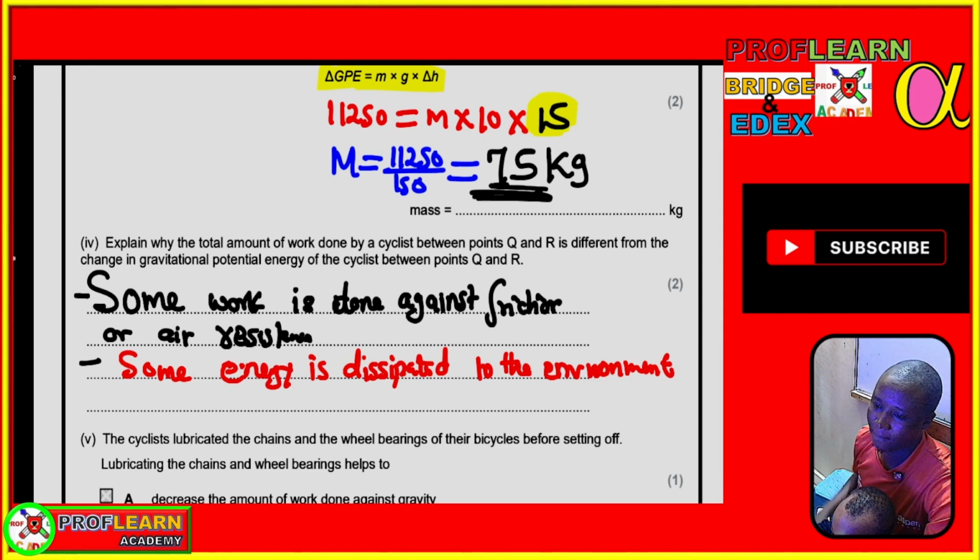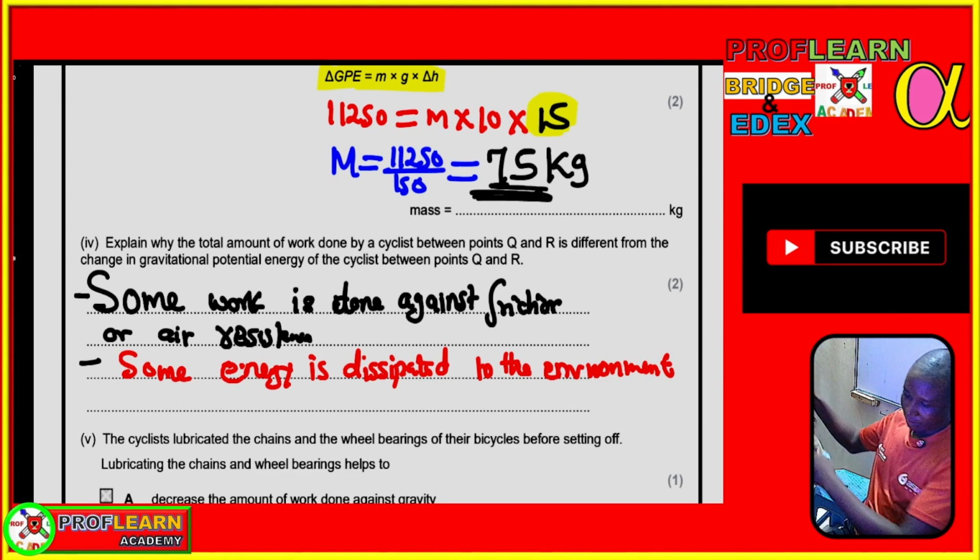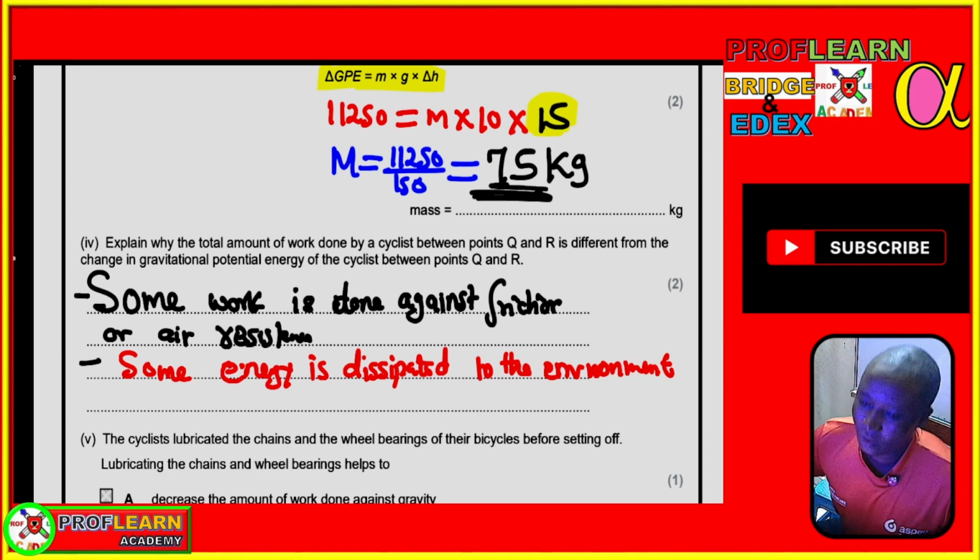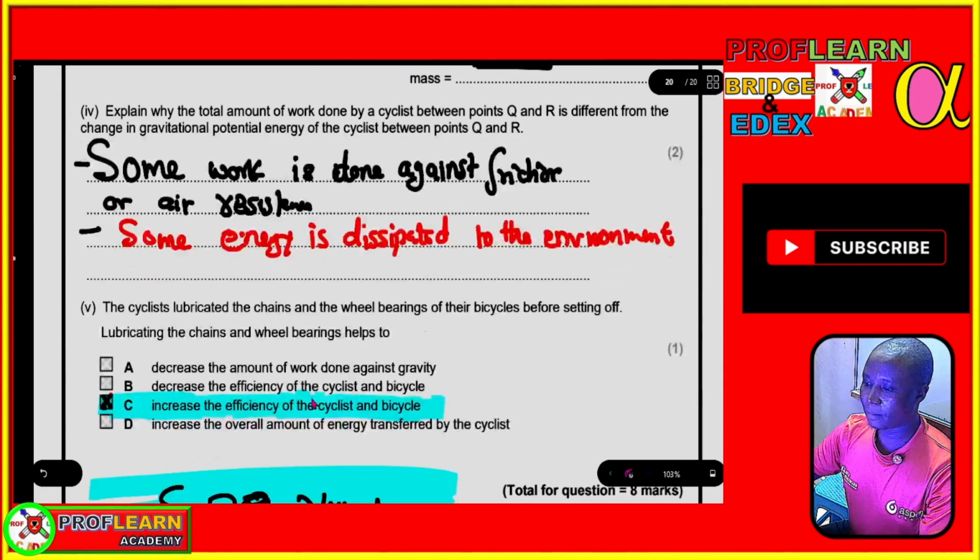This is GCSE Physics Paper 2H. I believe you are prepared and you are ready for the paper. I believe you are benefiting. All right guys, welcome. I'm glad to have you here. I believe you are following, and just leave a comment if you are benefiting.